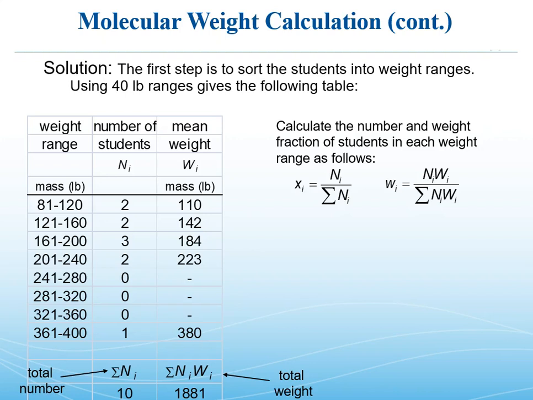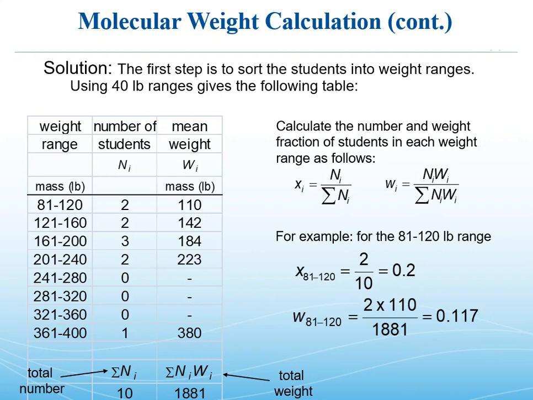That gives you the weight fraction for that range. And there's the example of x sub 1, the first range, being 0.2, and then w sub 1 being 0.117.